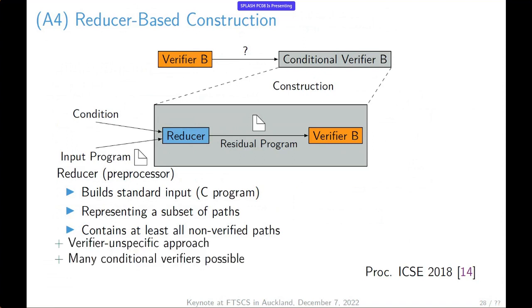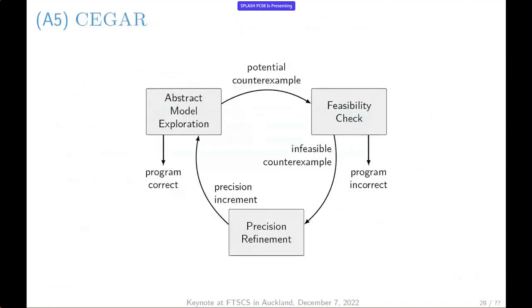Okay, so next example. CEGAR is a verification approach where, in an iterative manner, an abstraction of the program is constructed.